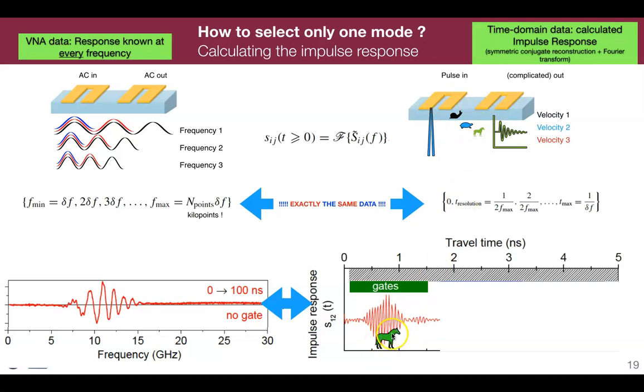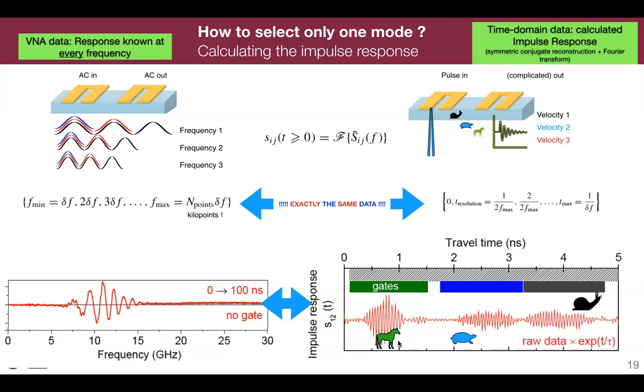So these are fast spin waves. But if you're patient, you will also see slow spin waves, these turtle spin waves, arriving later because they are not so fast. And if you are very, very patient, you will see snail spin waves arriving a few nanoseconds after, because these are very slow.